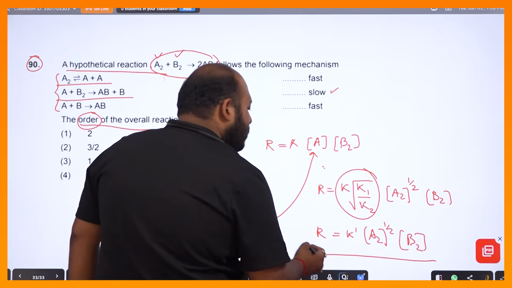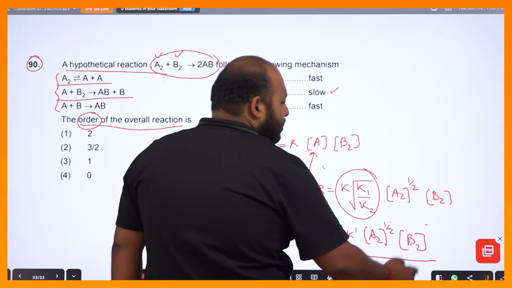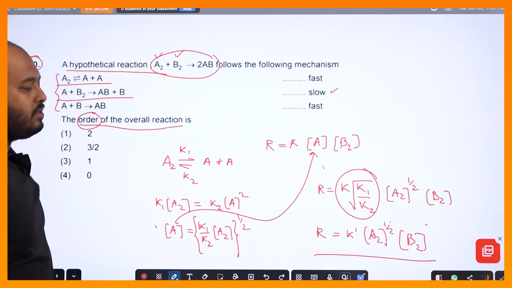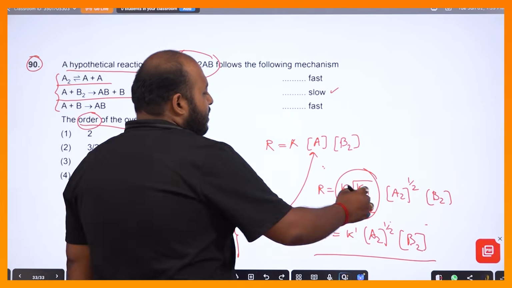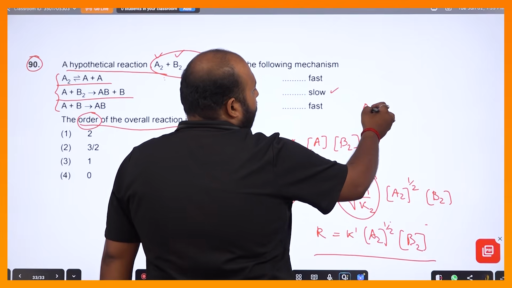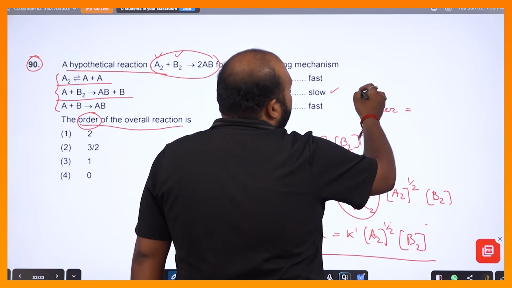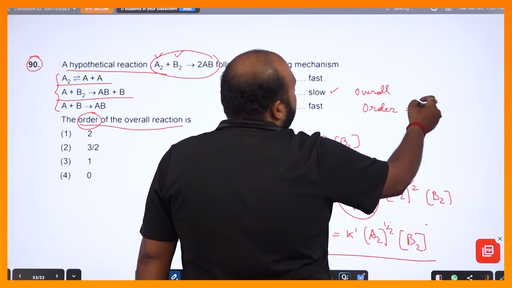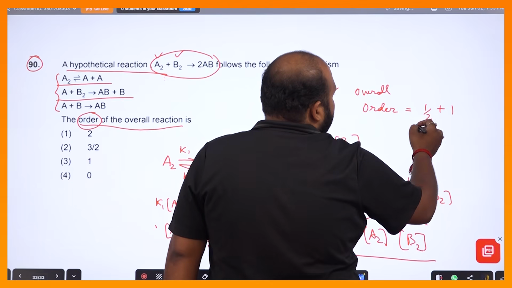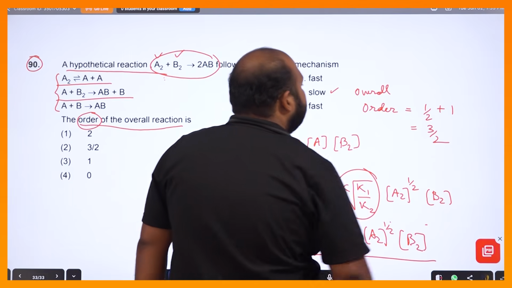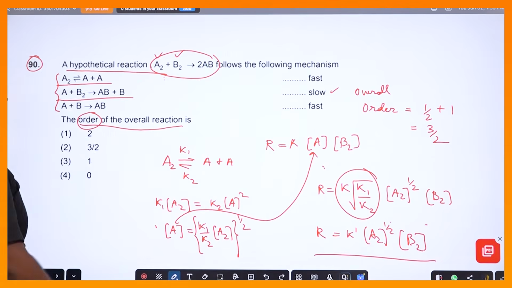So if we add the powers, the overall order of the reaction will become half plus 1, that is 3 by 2. So the correct option will be 3 by 2.